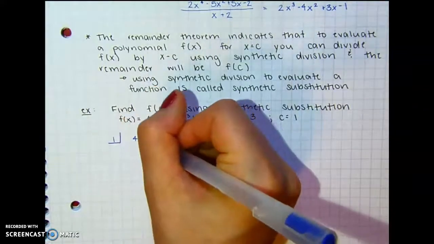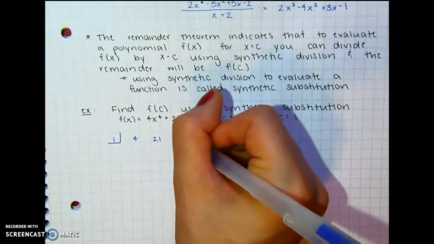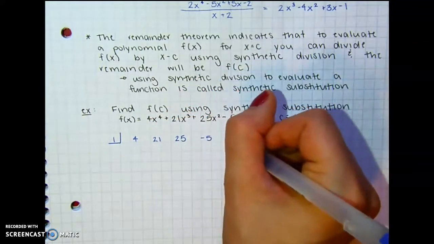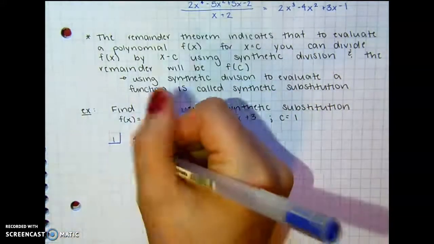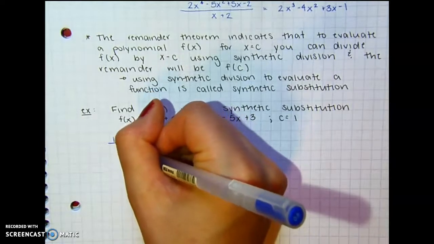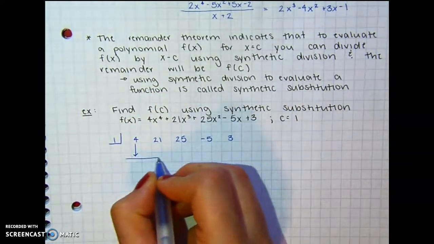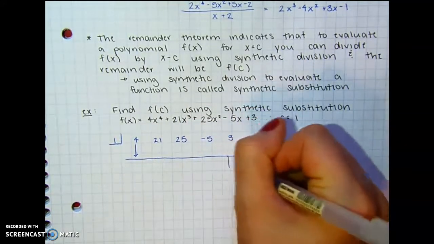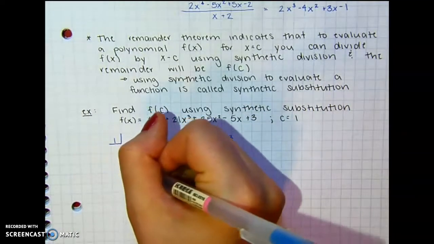So 4, 21, 25, negative 5, and 3. So the first thing we do is bring down that 4, and then we have a bar here, and our remainder will be what's left.